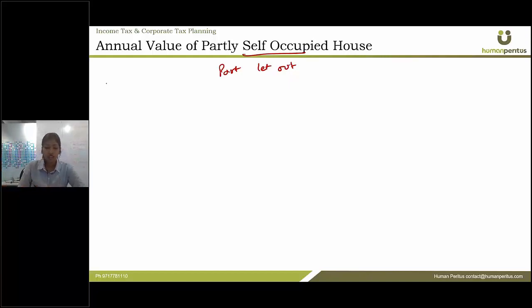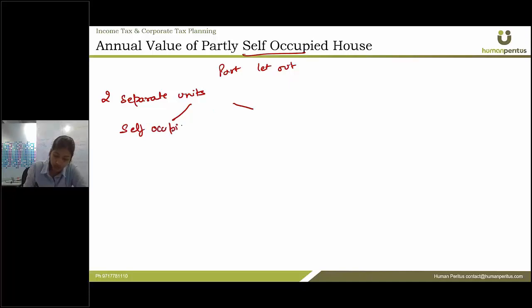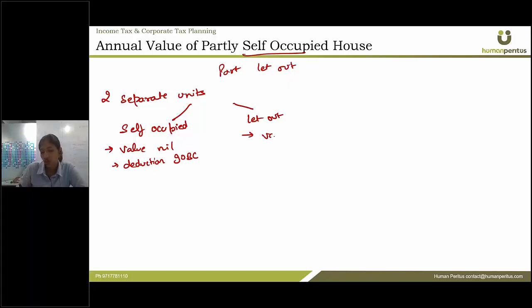So in that case, where the house has 2 separate units, one self-occupied and one let out, first we distribute them in 2 parts, self-occupied and let out, and accordingly we calculate the value. For self-occupied value, annual value is nil and deduction is available for interest on borrowed capital only. And in the case of let out, as we calculate the value, the net annual value, then we calculate deduction and accordingly we get the taxable value of the house.